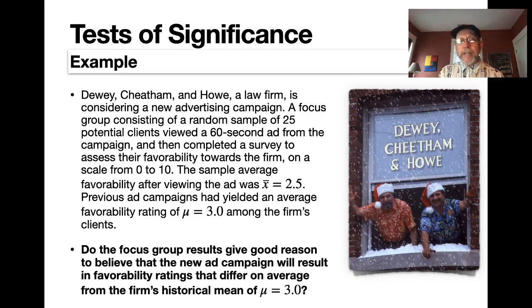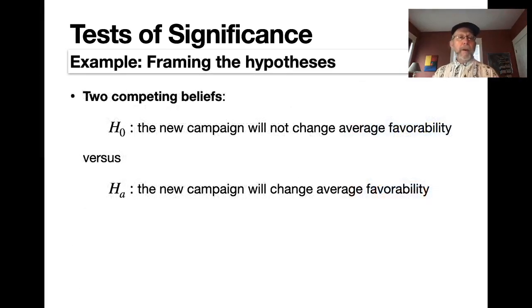A significance test is going to be the right tool to apply to this question, and in the next few slides we'll walk through the basic ideas that are involved with significance testing. The very first idea is framing the hypotheses that are in question in a situation like this.